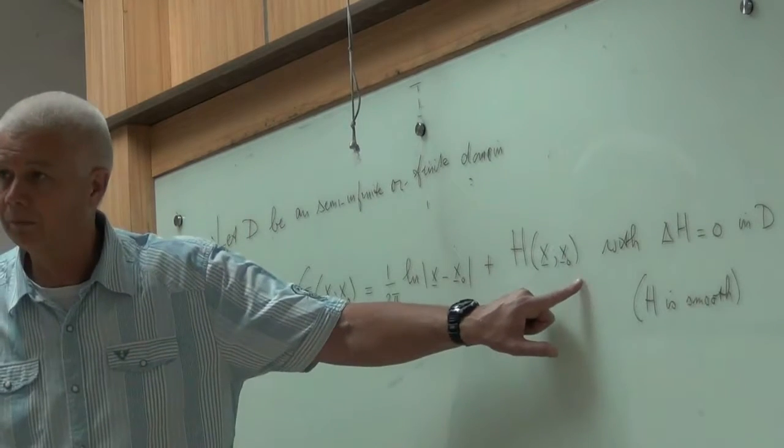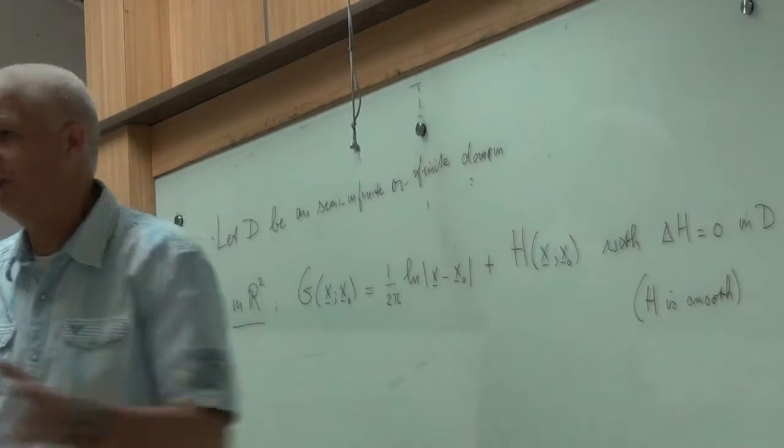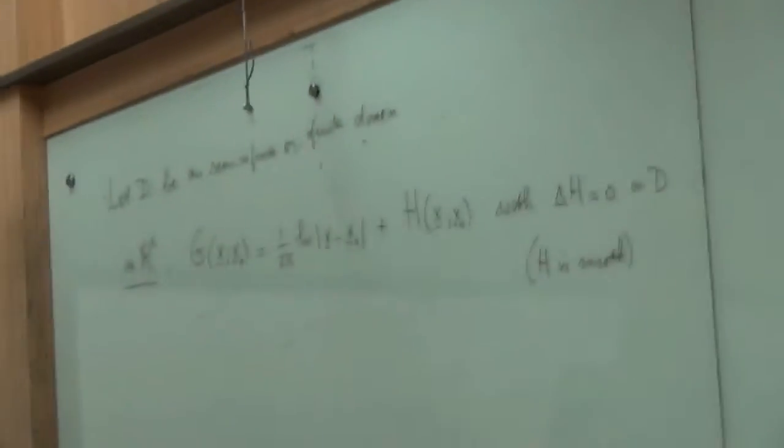And your Green's function will have something additional, this function h. And that h is influenced by the boundary that you have.